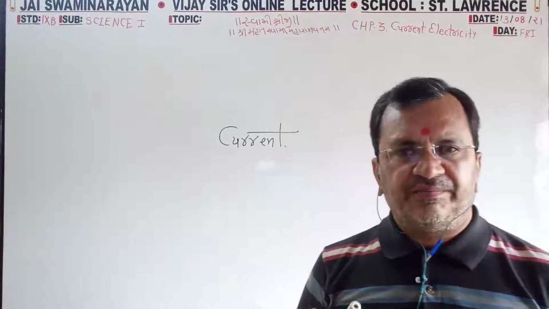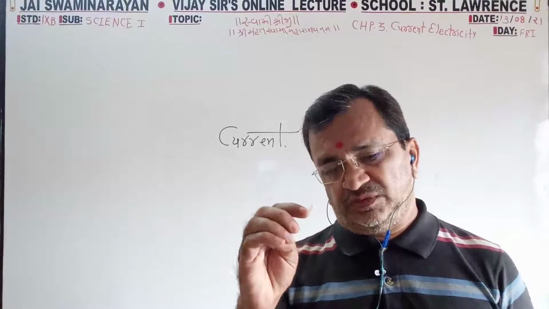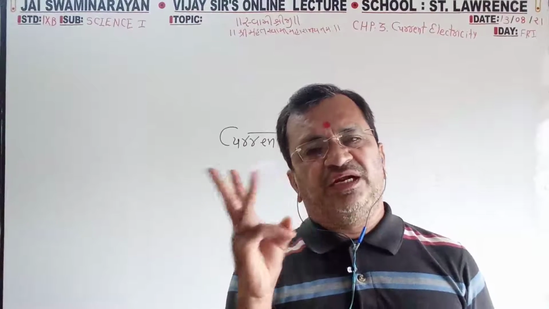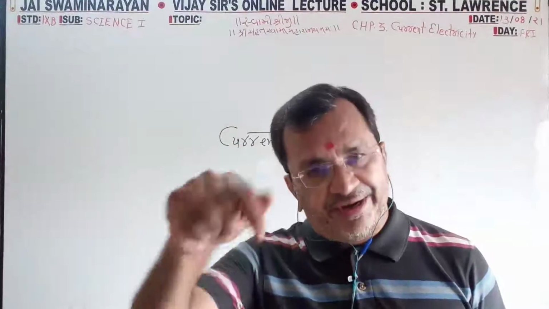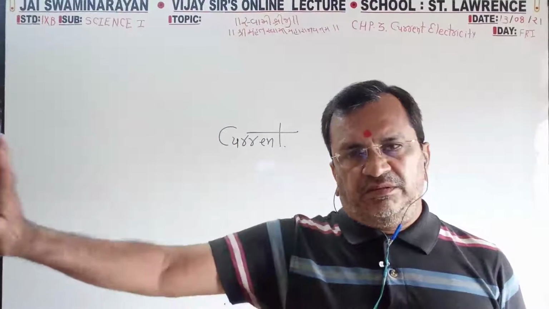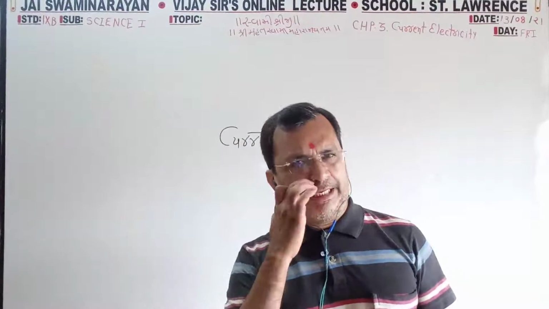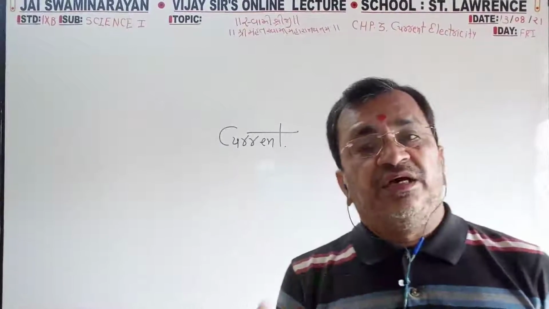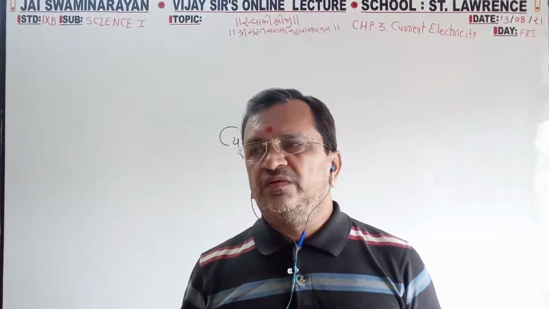See, in the first chapter, in the classification of the elements, there are three types of element: metal, non-metal, and metalloid. Metal, whose density, melting point, boiling point is high; non-metal, whose density, melting point, boiling point is low. And the element which possesses both the properties, metal also, non-metal also. Three types of element.